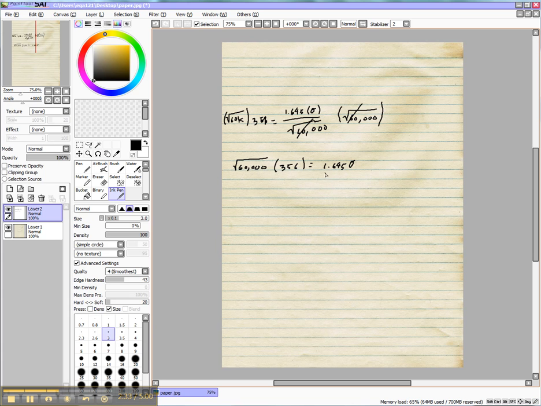And then to continue to isolate sigma, I'll divide both sides by 1.645. And that cancels that out, right? So let's take out our calculator and find out what sigma is by working this whole thing out right here.